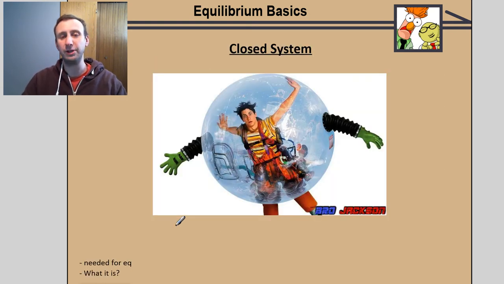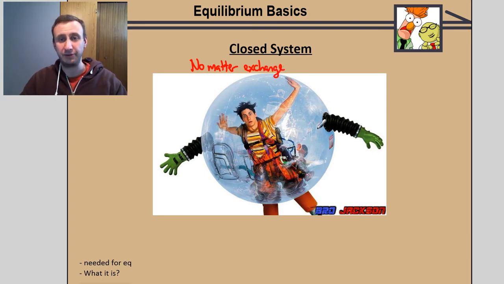Now, I get an equilibrium when I have a closed system. What that means is in a closed system, I have no matter exchange, so things cannot go into or leave the system. That doesn't necessarily mean that the system is physically closed. It could be an open beaker as long as I don't have any gases or anything that's being produced.